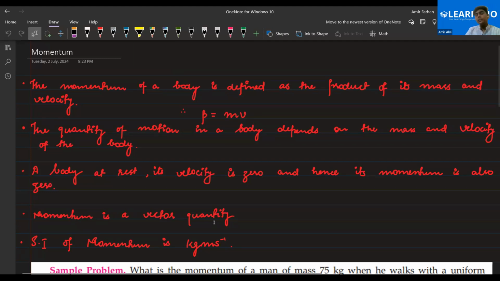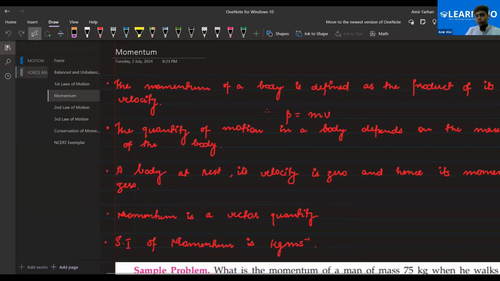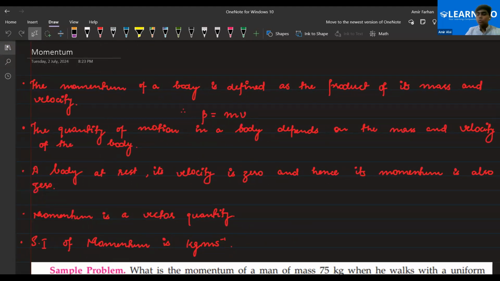Now next, this is about the first law of motion. The first law of motion is very simple; only conceptual types of questions are there. The questions we have discussed: why do we fall forward, why do we fall backwards, why do we fall sideways when a bus or car takes a sharp turn, and why dust particles come out of a carpet if we beat it with a stick.